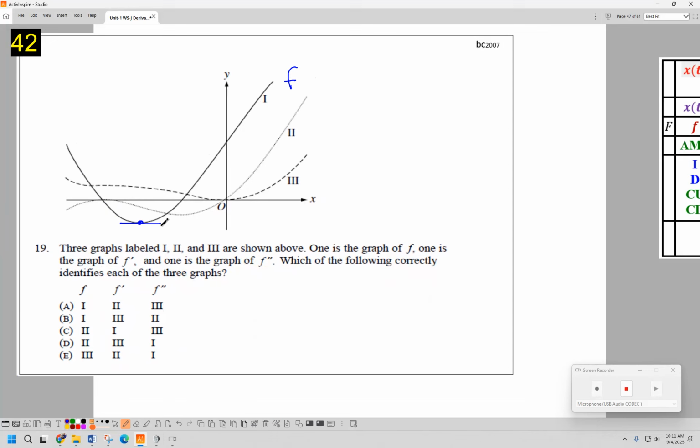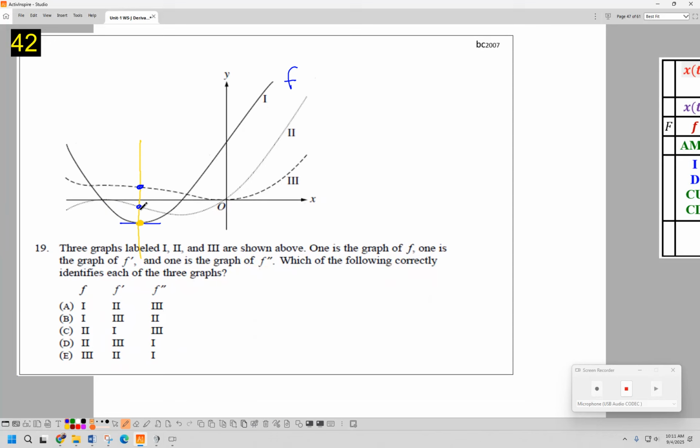Or y equals 0. So I look here and I say, hey, at this spot, the slope of F is 0. That means that the F prime graph has to have a y value of 0 at that same x. Neither of these graphs have a y coordinate of 0.